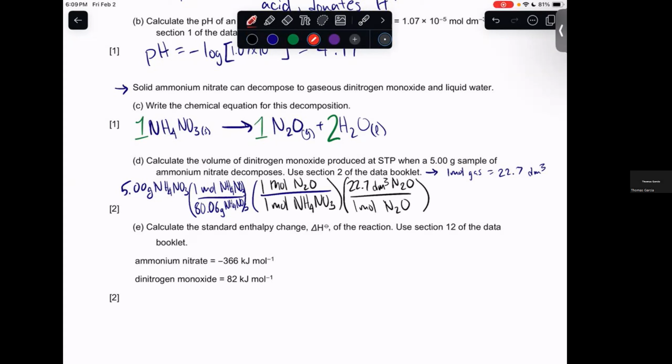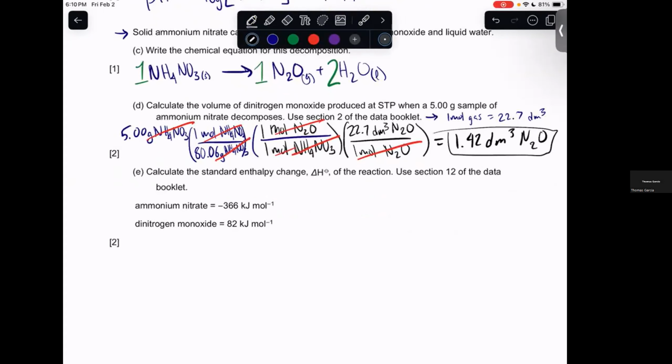I'll cancel my units. Grams, grams, mole, mole, mole, mole. And I get 5 divided by 80 times 22.7, which is approximately 1.42 decimeters cubed of N2O. All right, so that is the answer there.